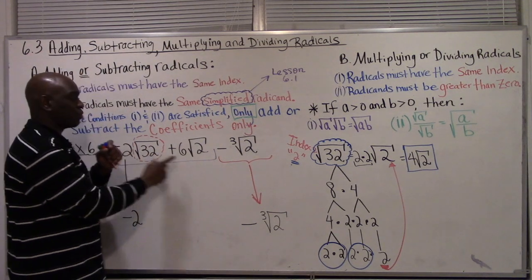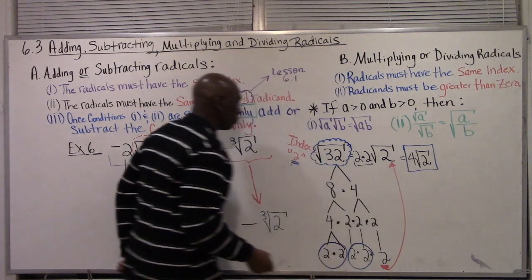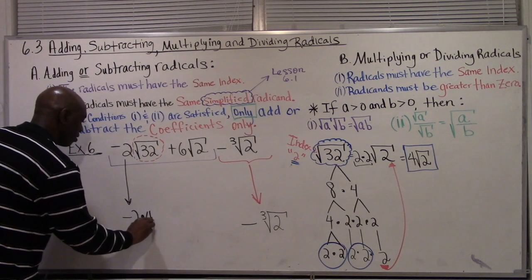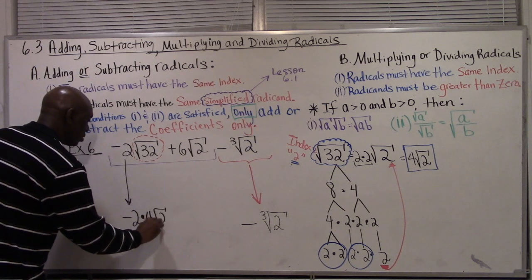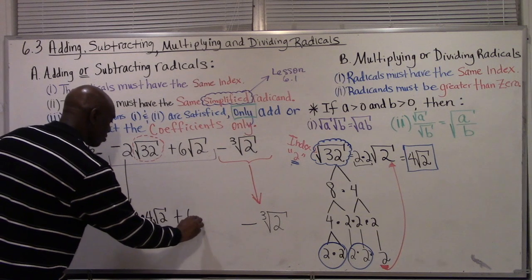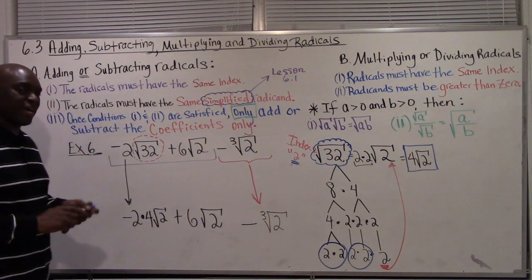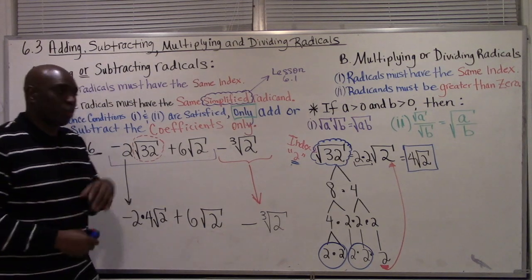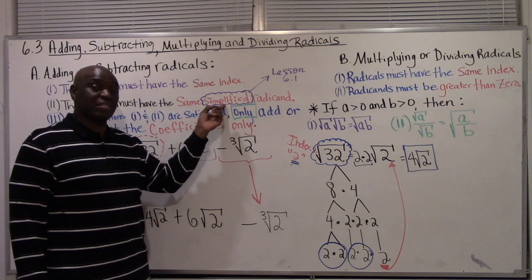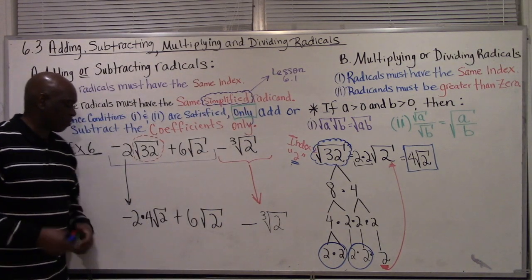Write it now like this, 4 root 2 times 4 root 2 plus 6 root 2. All right, and there you go. So we did all of these processes just to satisfy step 2, a simplified radicand.